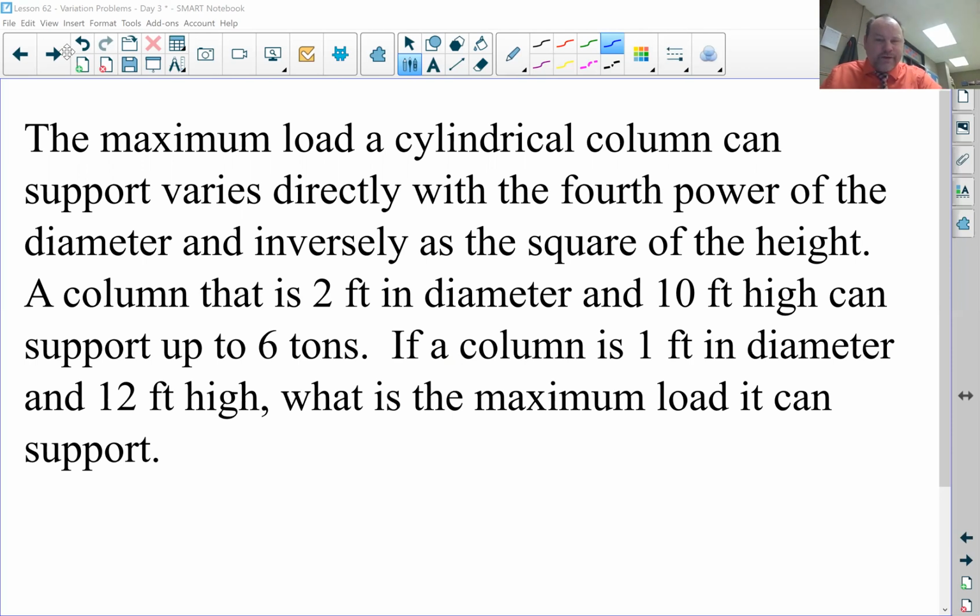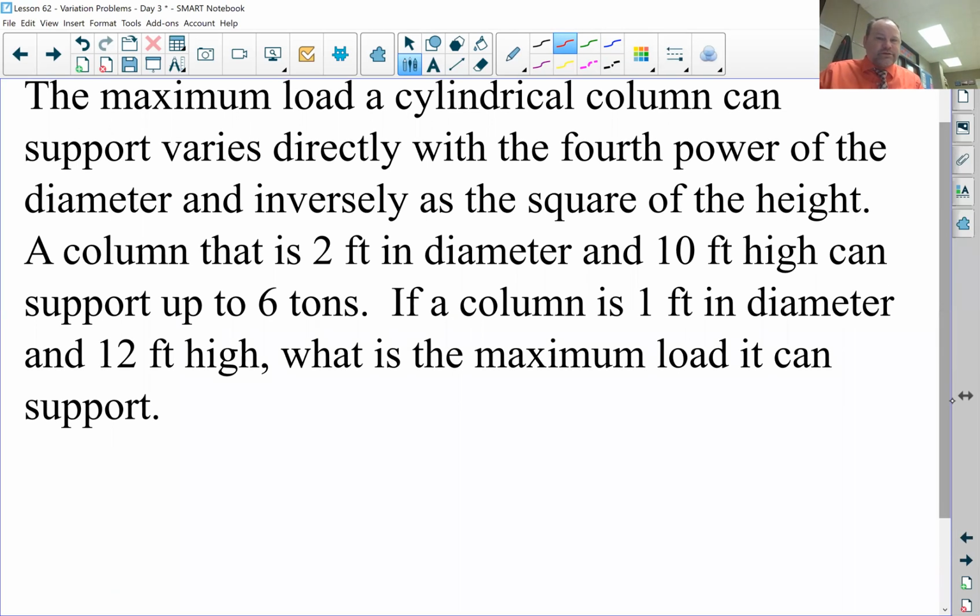All right, hopefully that was enough time. If not, unmute yourself and yell at me. So the maximum load, maybe L, that a cylindrical column can support varies directly with the 4th power of the diameter and inversely as the square of the height.